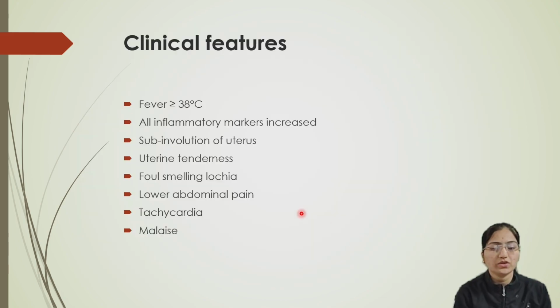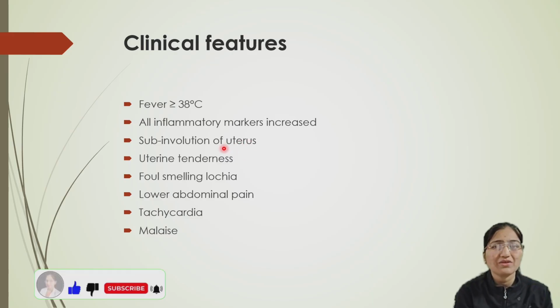We'll see the clinical features now. Fever of more than or equal to 38 degrees Celsius, increased inflammatory markers, and subinvolution of the uterus, which is failure of the uterus to return to its normal shape and size after childbirth.